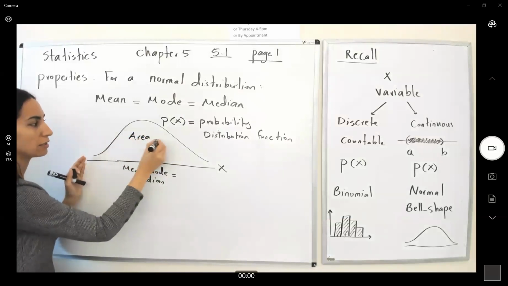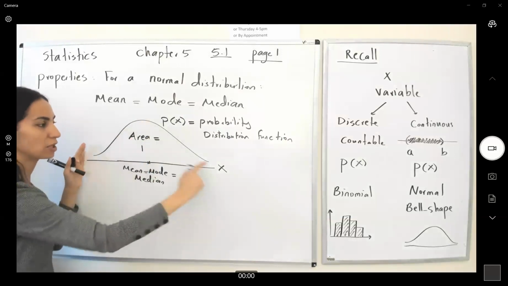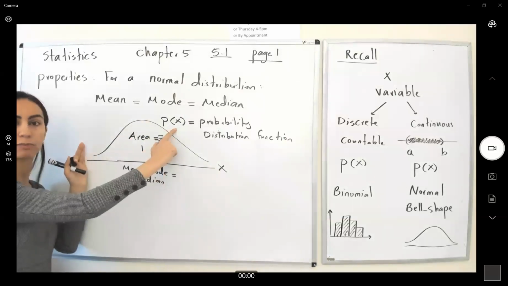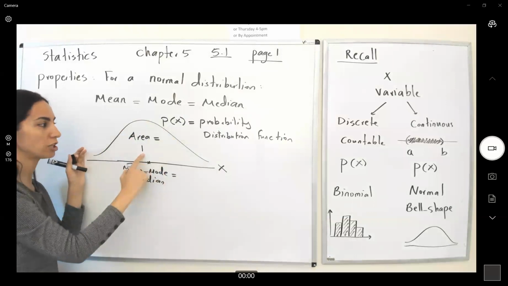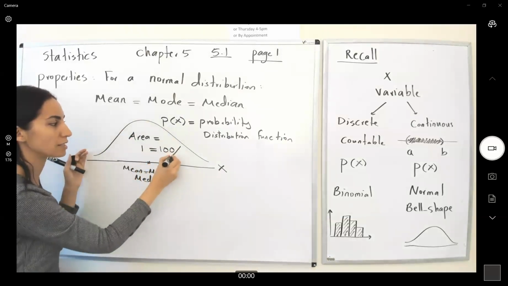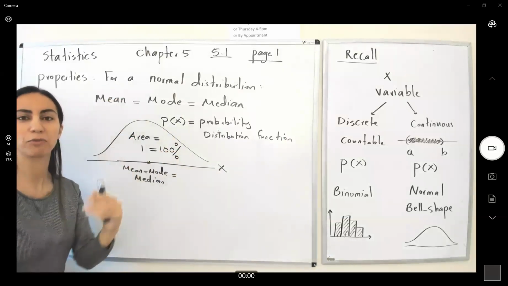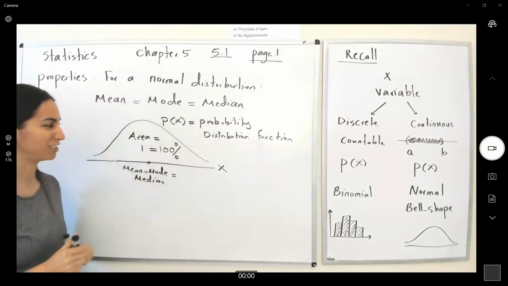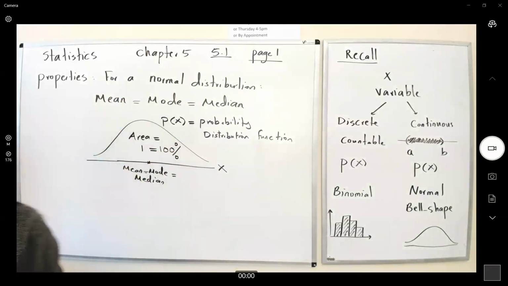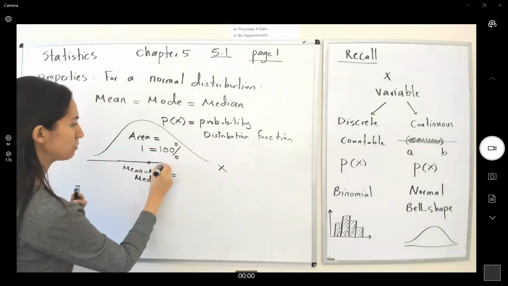This area is equal to 1. So the area below the graph of the probability distribution function is always 1 or 100%. 100% is 100 divided by 100, which is equal to 1.